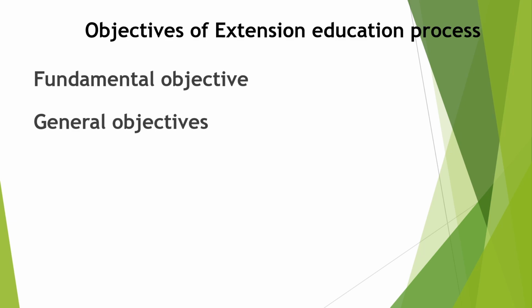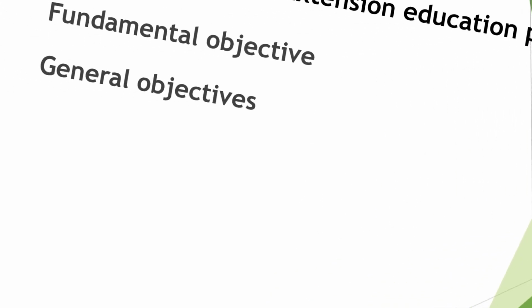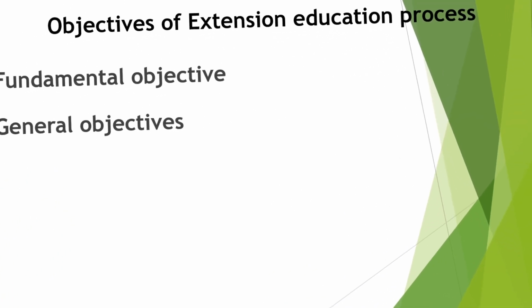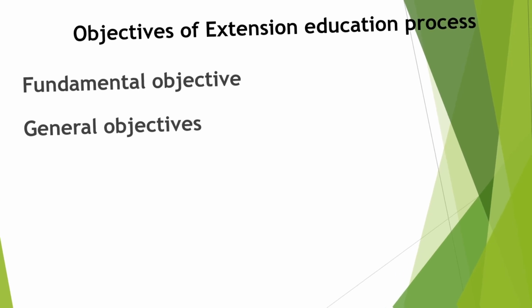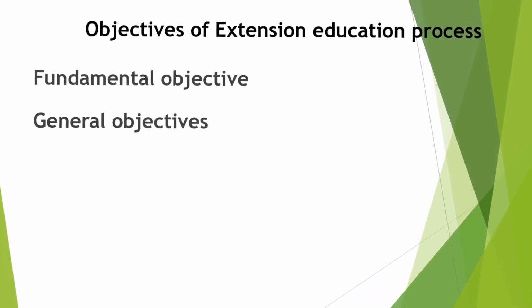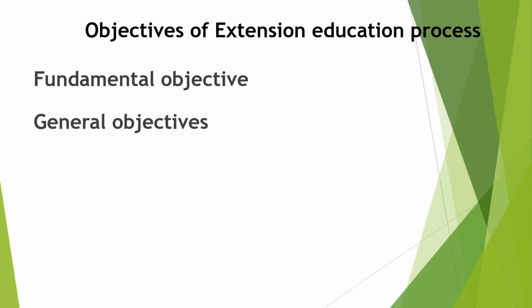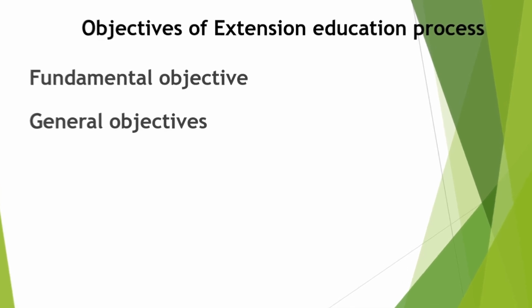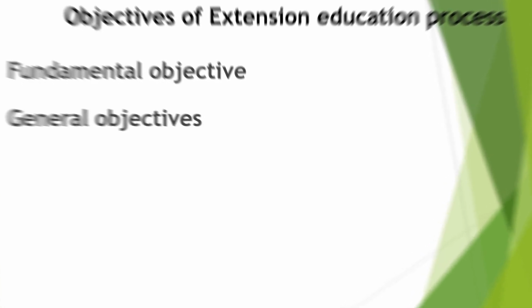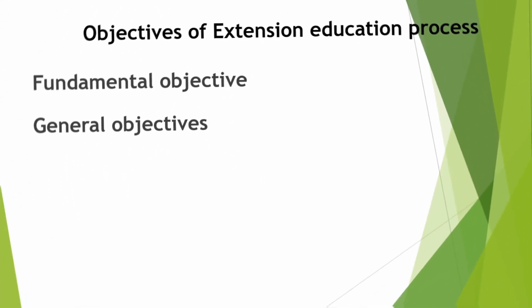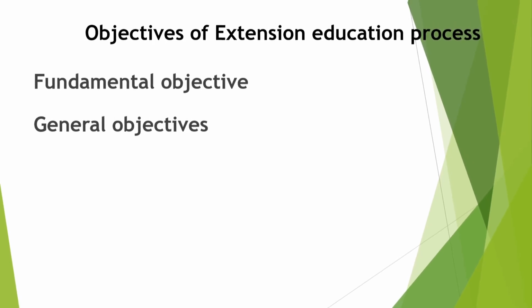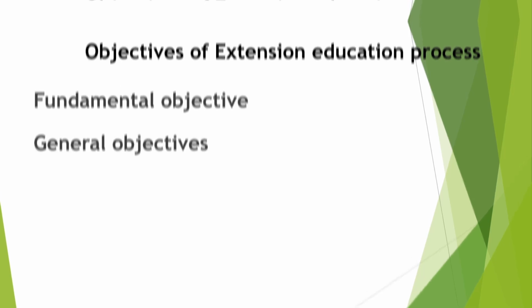Next is to keep the research workers informed of the people's problems from time to time so that they may offer solutions based on necessary research. And then finally, to assist people in mobilizing and utilizing the resources which they have and which they need from outside. We may decide to increase the production of paddy rice in Ikwo. Now, by doing that, these 5 objectives should be clearly targeted.